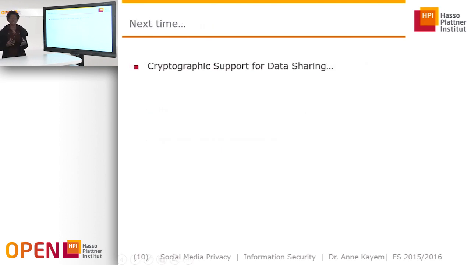Okay, so today I basically talked about cryptographic support for data sharing and some simple mechanism for how messages are translated or encoded to form coded messages, and how we then work to decrypt or decode these messages.